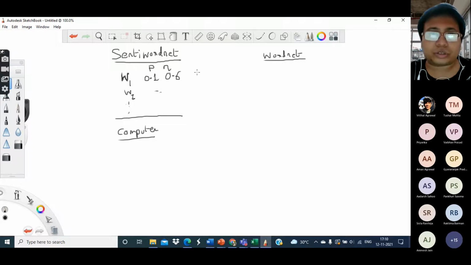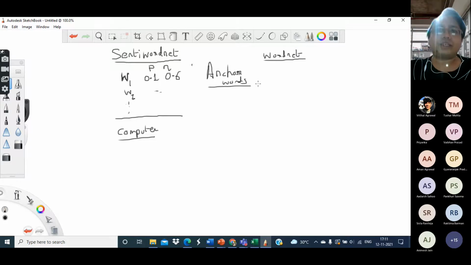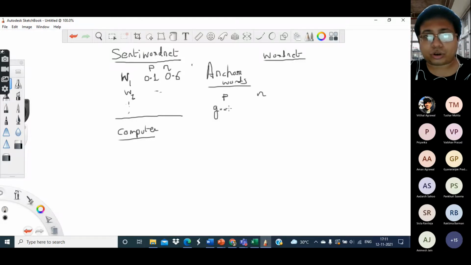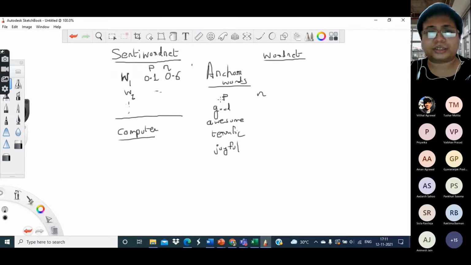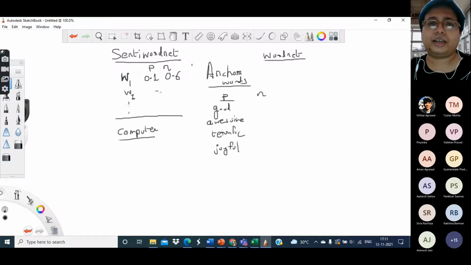One way to do this task is as follows. Start with some anchor words. Anchor words are words which are definitely positive or definitely negative. For example, good, awesome, terrific, or maybe joyful, etc. These are words which are almost certain to be used in a positive sense.